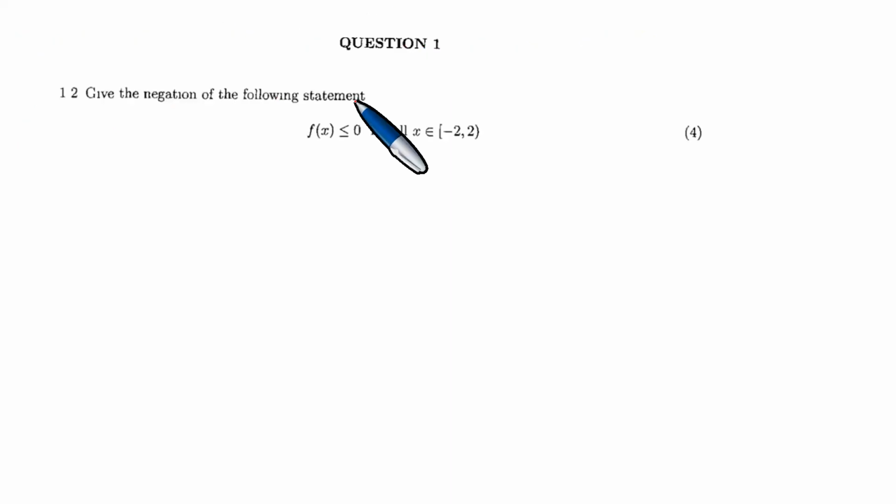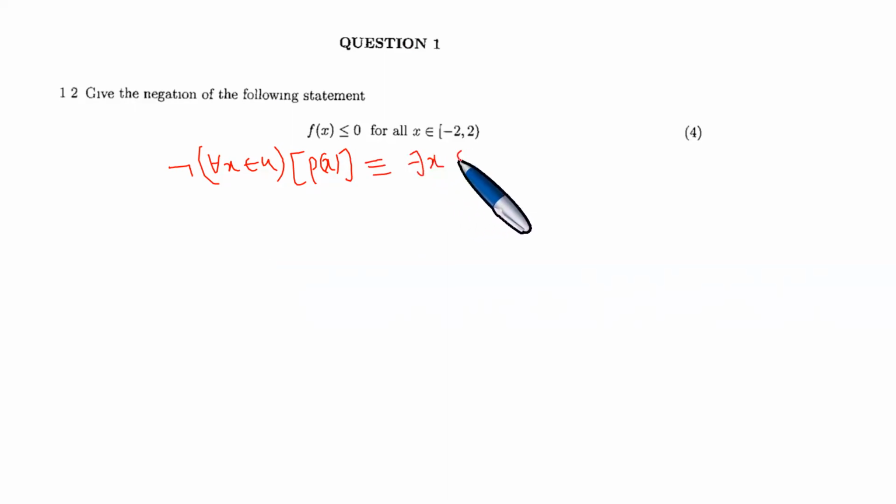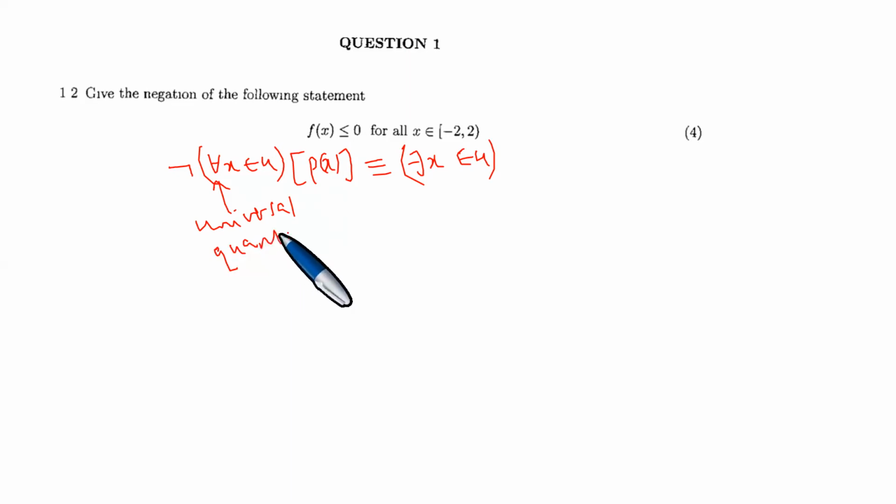Right, give the negation of the following statements, and we'll remember what we said last time. We actually said when you negate a statement that says, for all x in U, the statement P of x is true, this is logically equivalent to the existential quantifier: there exists x in U. So you negate the universal quantifier, and then here you have the existential quantifier.